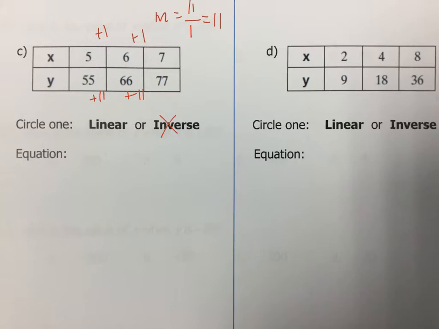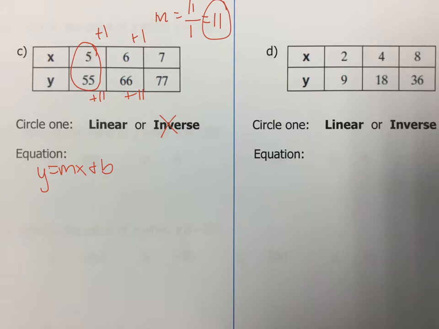So now my equation comes down to, well, since I have slope, I need to find my y-intercept. So I could extend the table back to look for when x is 0. In this case, I'm just going to pick an ordered pair like 5, 55, and use my slope of 11 and substitute it into y equals mx plus b. I'm going to solve for it just like we did on the investigation 2 quiz.